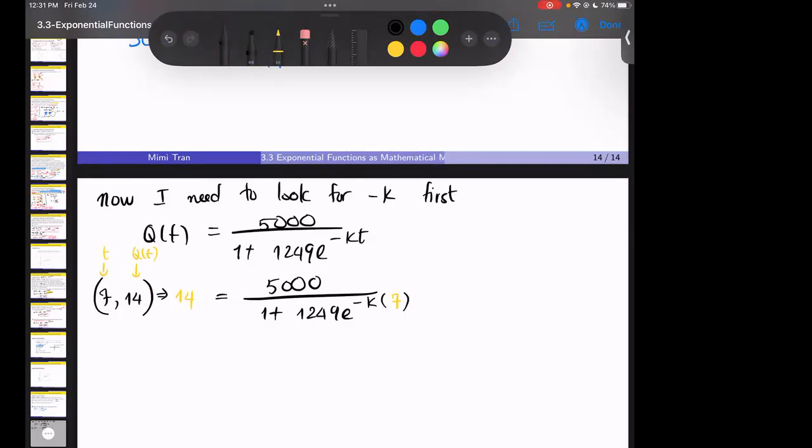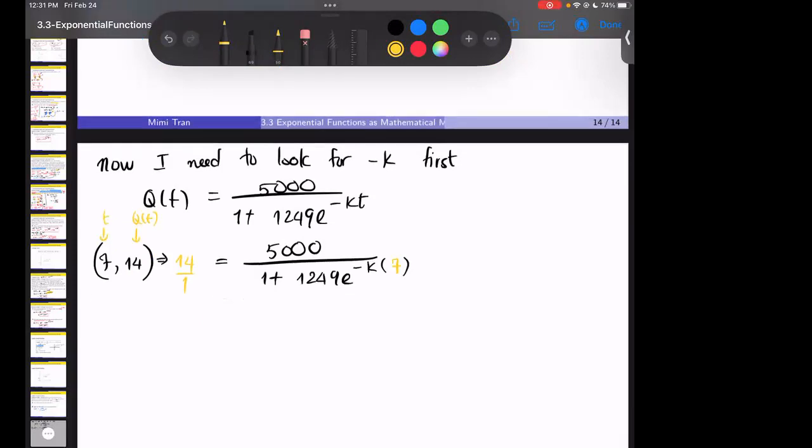You're like, how am I gonna solve for K? Well, one step at a time. Don't worry. Usually I write 14 as 14 over 1. I have one fraction on the left, one fraction on the right. I can crisscross multiply, right? Or you can do LCD, but let's do crisscross multiply.